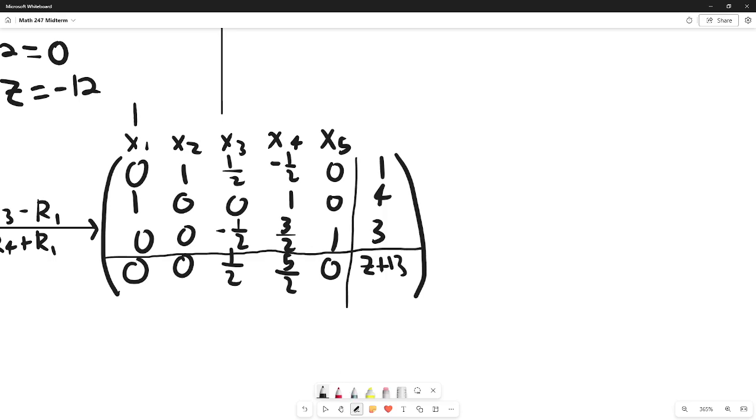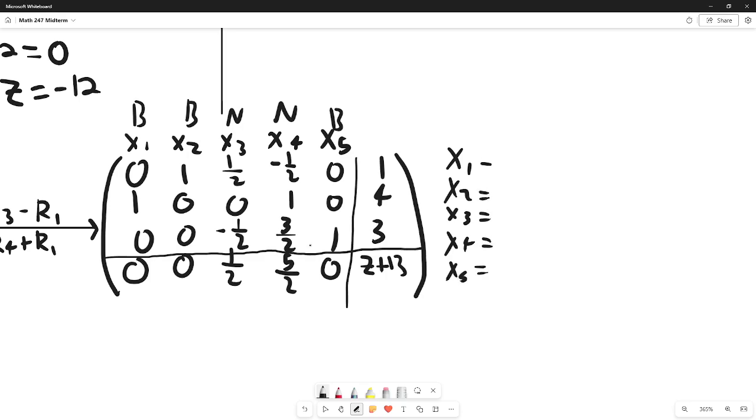So let's identify our basic variables and our non-basic, and let's get our values. So x1, x2, x3, x4, x5. Set our non-basic to 0.